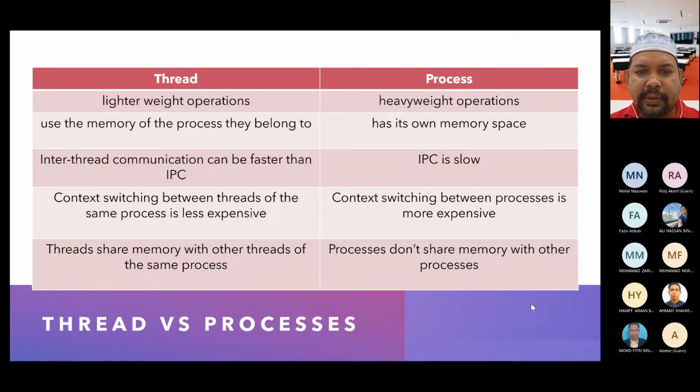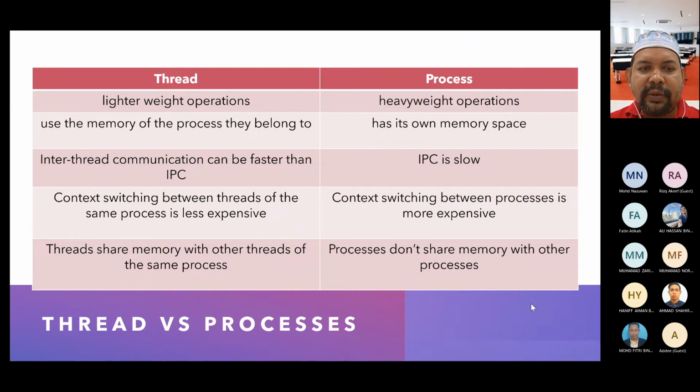Okay, that's right. A thread is a lighter weight operation. A process is a heavy weight operation. Threads use the memory of the process they belong to, but a process has its own memory space. So inter-thread communication can be faster than IPC. IPC is slow.